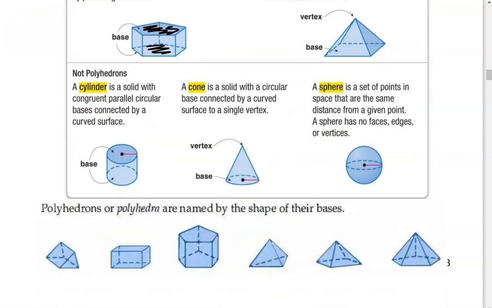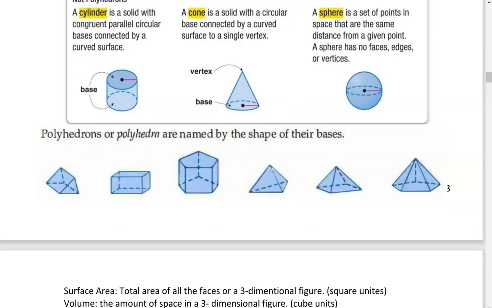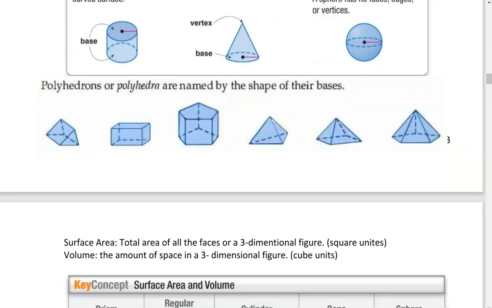A cylinder has a curved surface connecting two circular bases. A cone has one circular base coming up to a vertex point. And then a sphere has no faces, edges, or vertices, just a curved surface all around, like a ball.